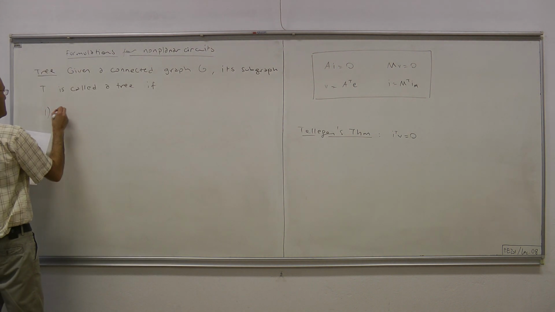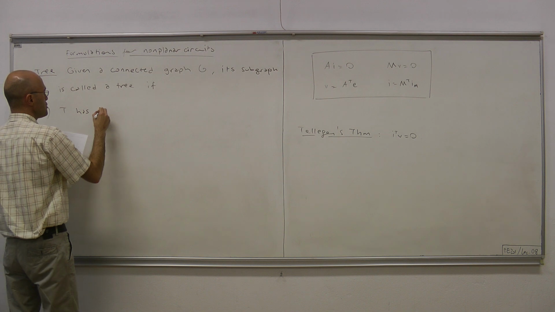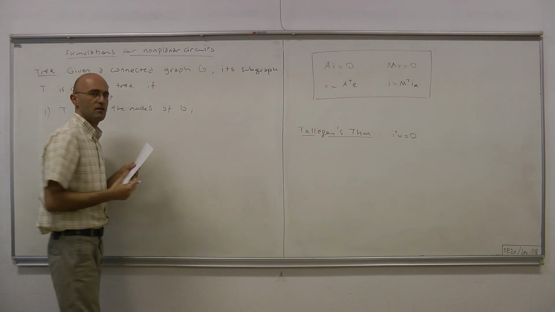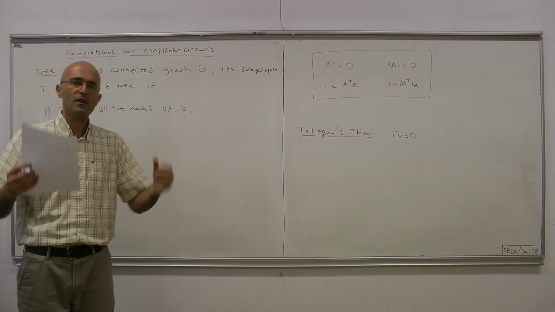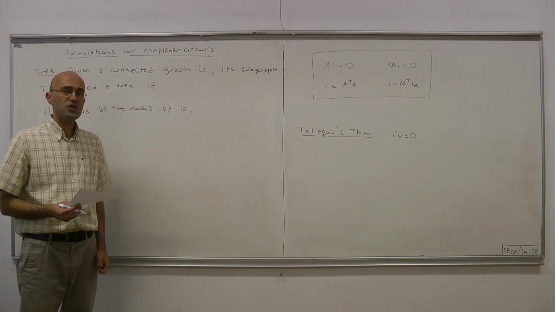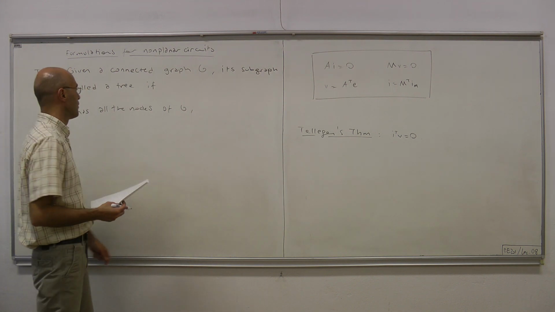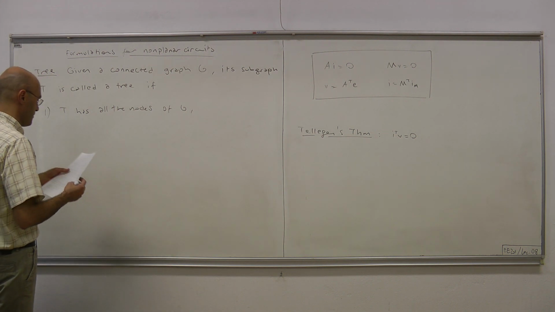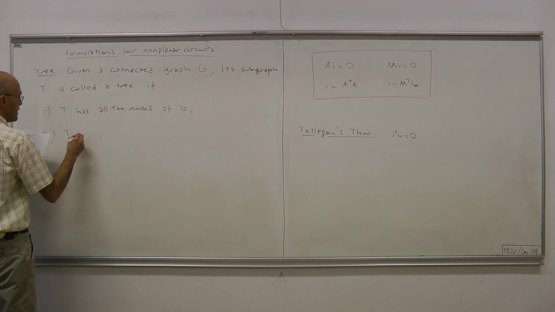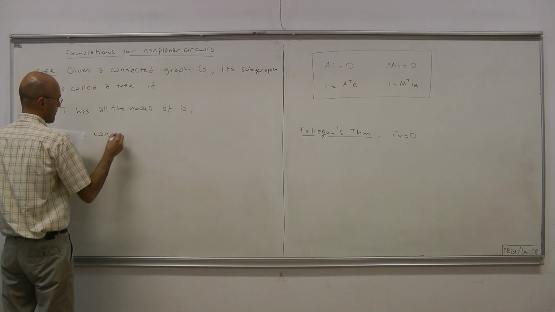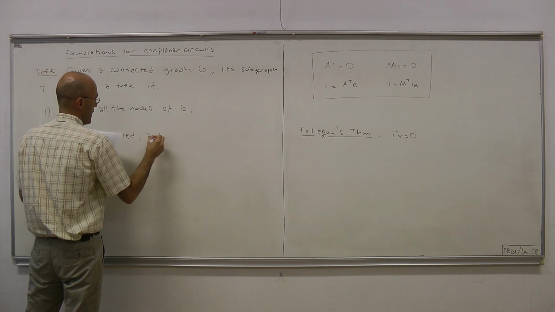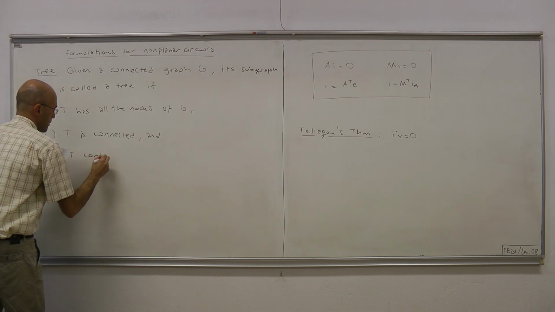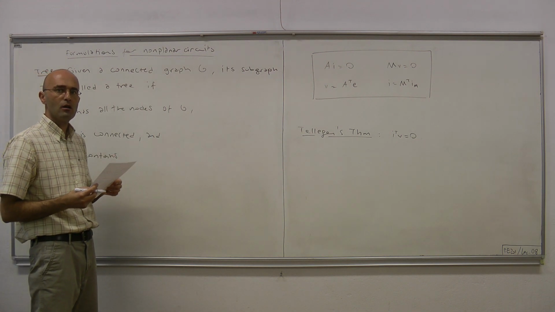First, T has all the nodes of G. Now a graph in general is just a bunch of nodes, and some of which are connected by a so-called branch. Okay? Now this subgraph, if it is a tree, must have all the nodes of G, then it must be connected, and finally it must not contain any closed paths, which we call loops.